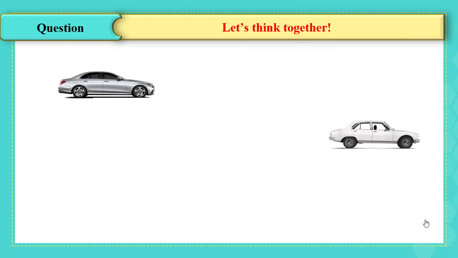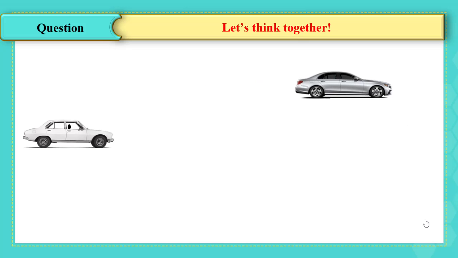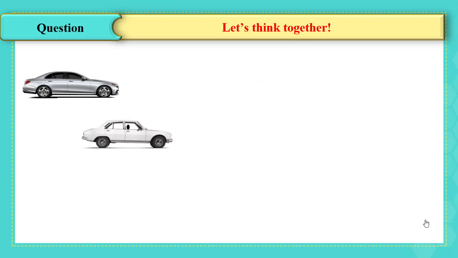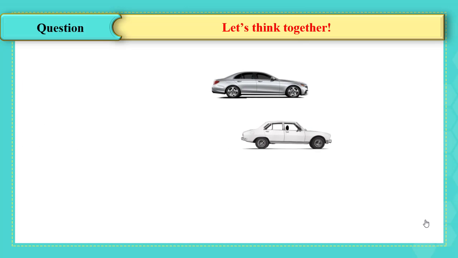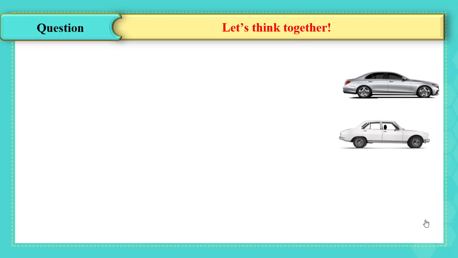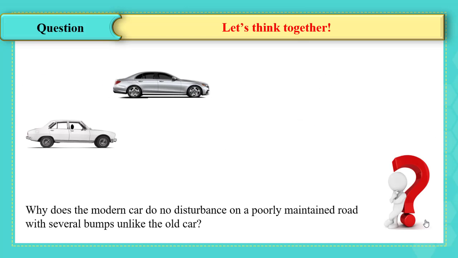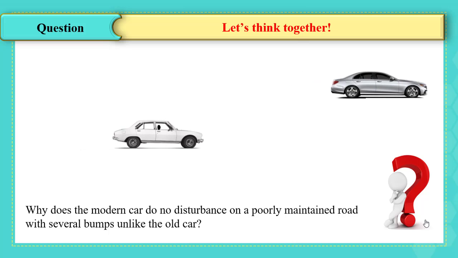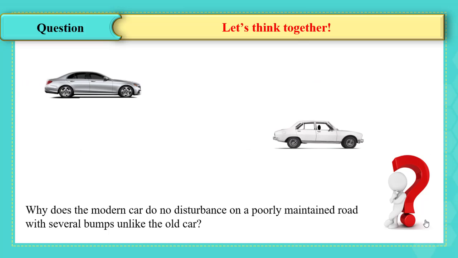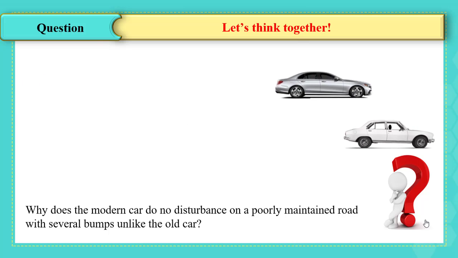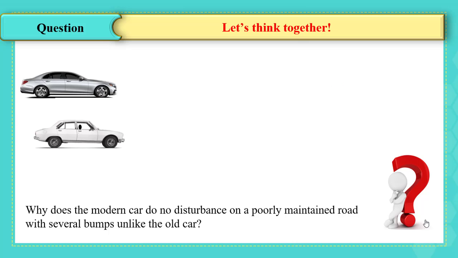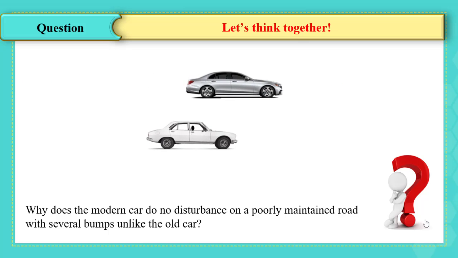Why does the modern car make no disturbance on a poorly maintained road with several bumps, unlike the old car? To answer the question, you should first know that cars contain oscillatory systems. Then you should follow us with the lesson. Finally, you will find the answer, but keep it in your mind and don't forget it.